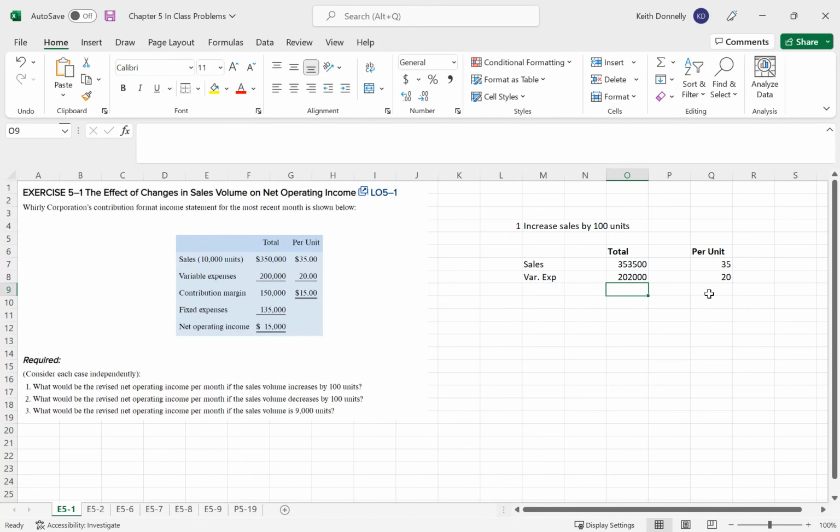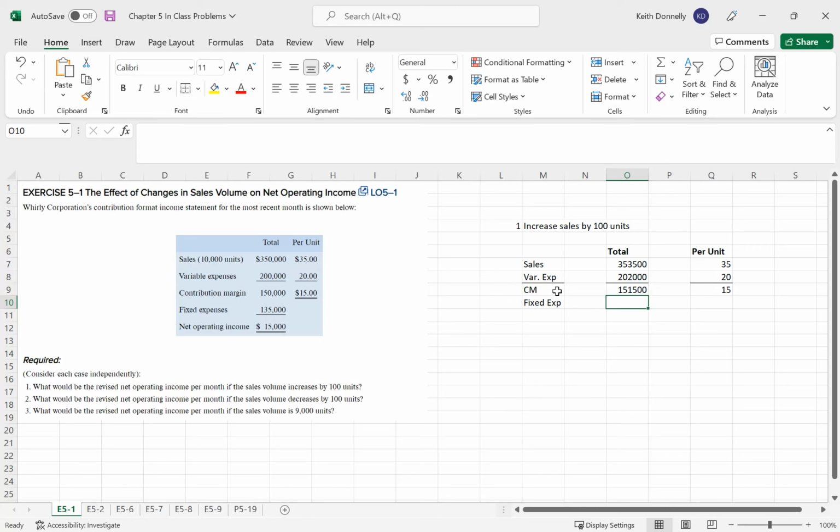That amount is going to be our contribution margin. So if we do our sales minus our variable expenses, we're at 151 on a per unit basis. We're still at $15. We've got to then back out our fixed expenses.